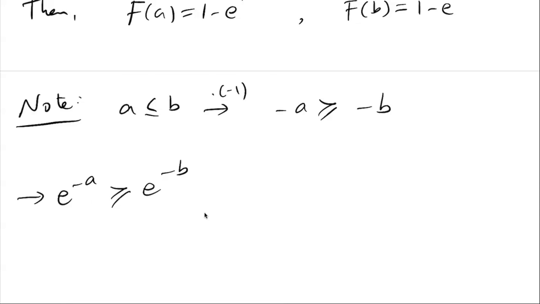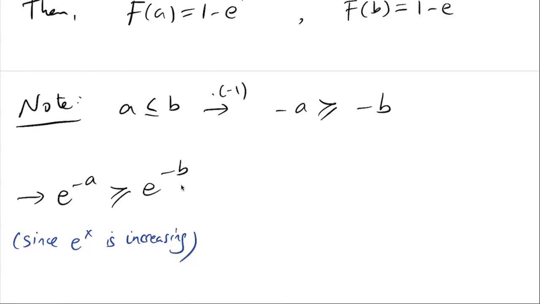Because remember that e to power x itself is an increasing function. So if you have two inputs, one bigger than the other one, e to the first power is bigger than e to the second power.